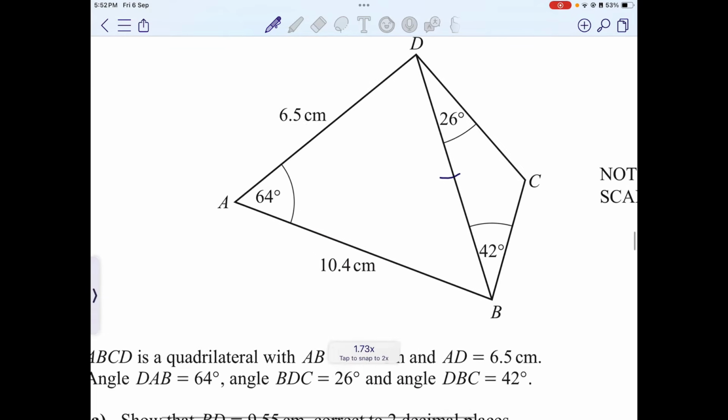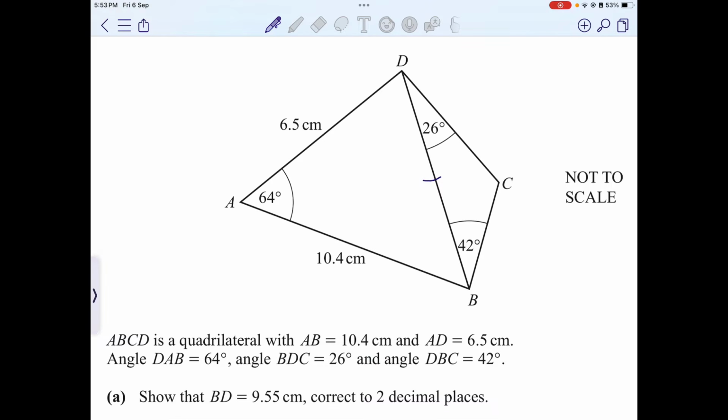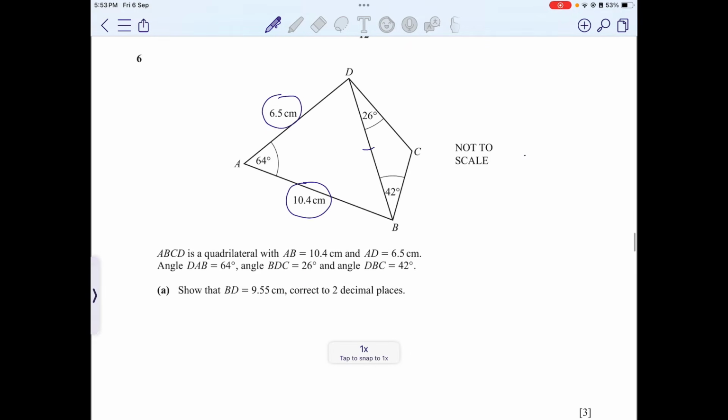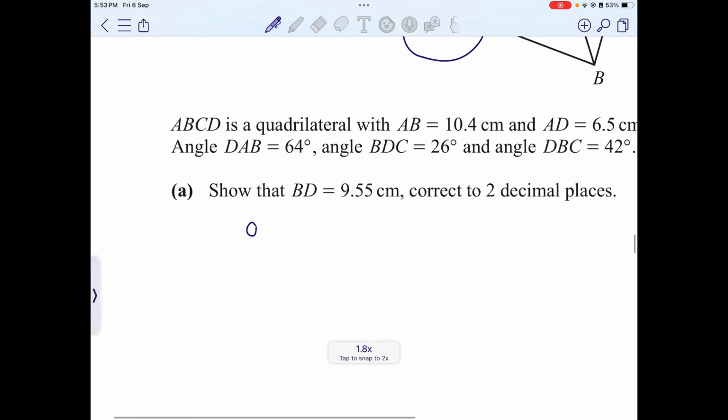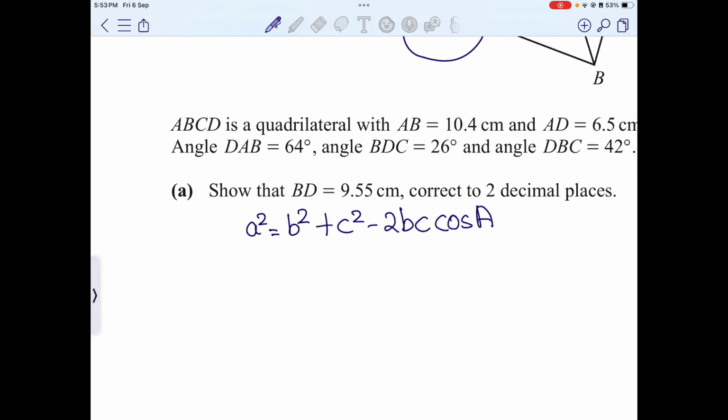Now remember that in any triangle, if you want to find a length, all you need is the length of two other sides and the angle. As you can see, we have two other sides and the angle between them, so you can easily find it. The formula here is a squared equals b squared plus c squared minus 2bc cos of the angle in between, cos of a.